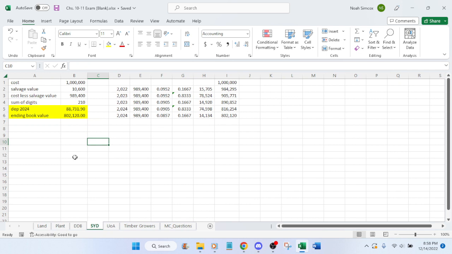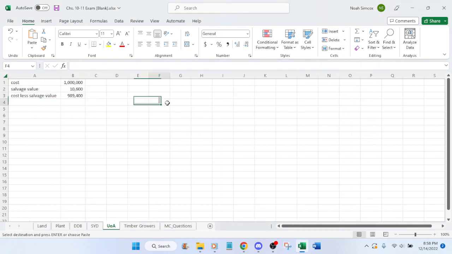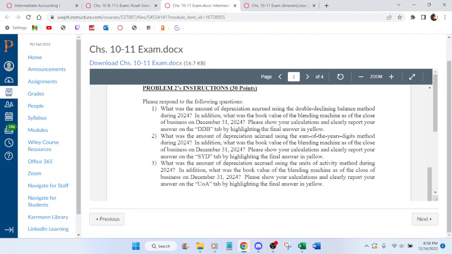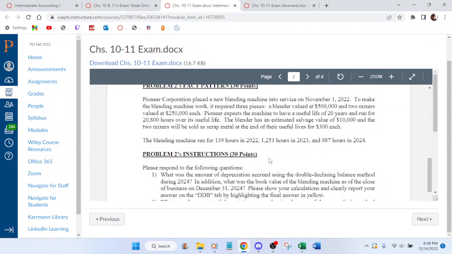And now we finally have to do units of activity. Now we have to type in the years here.